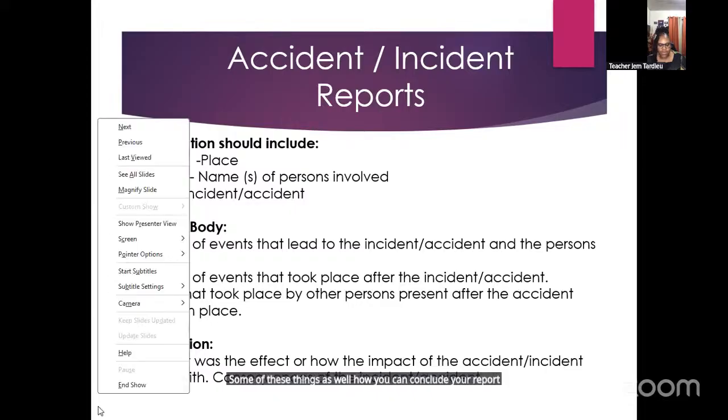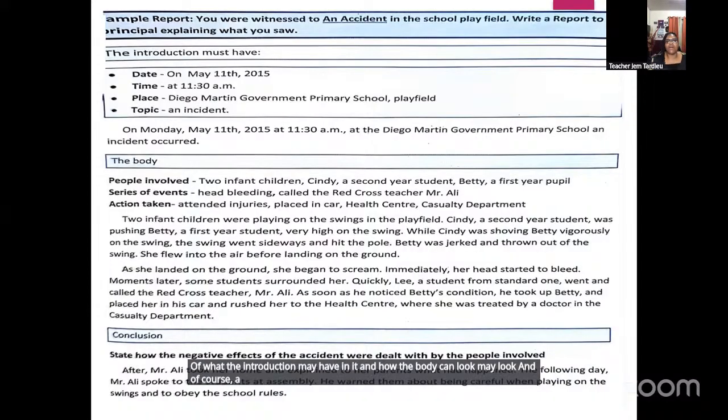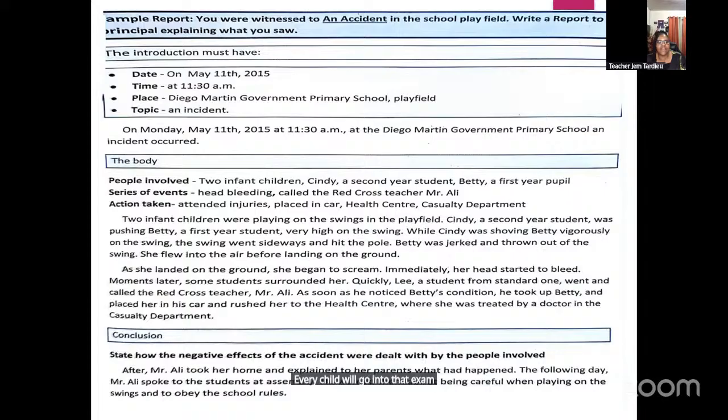And I'm giving you an example of what the introduction may have in it and how the body may look, and of course, a conclusion. Now remember, there's no prescribed way of writing. Every child will go into that exam room. You know yourselves.